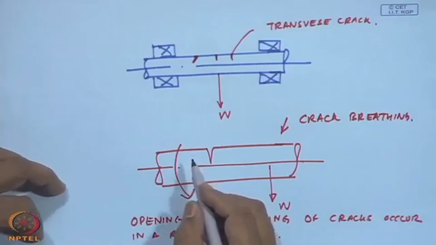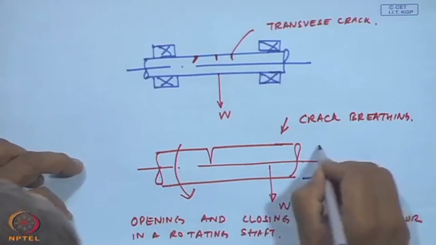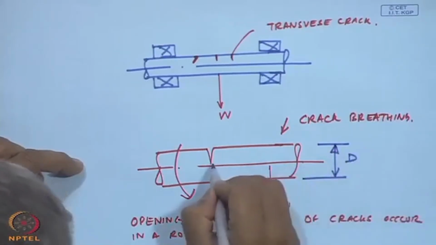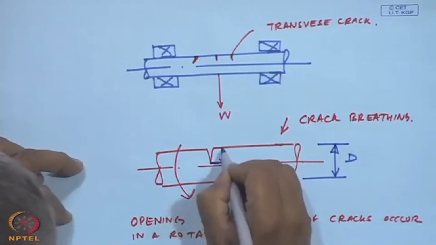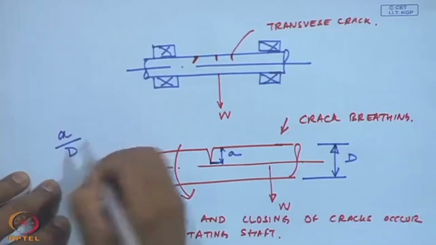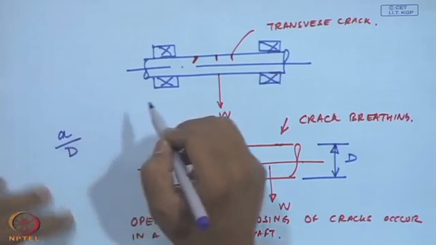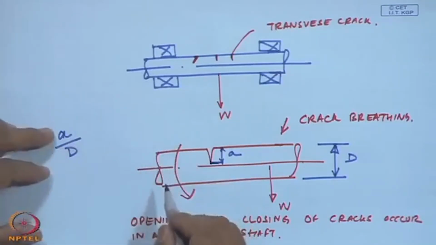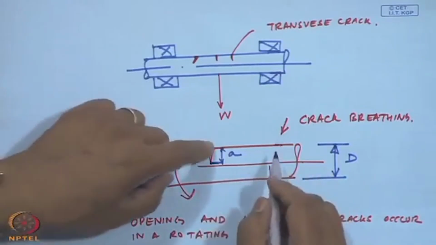Okay. And another parameter by which the cracks are defined is, if this is the diameter of the shaft as d and the crack depth is a, a non-dimensionalized parameter a by d, crack depth to the diameter. And usually, of course, if a by d is 0.5, it is almost till the diameter.